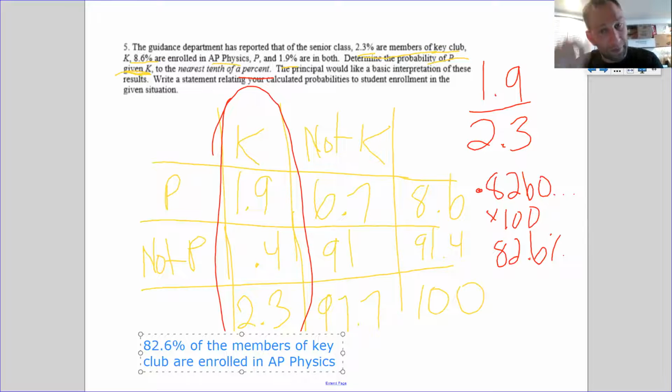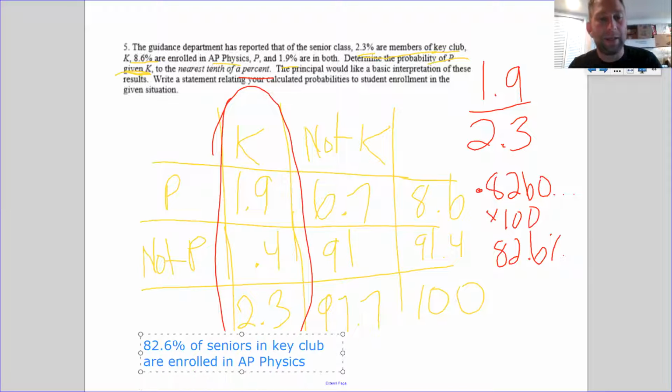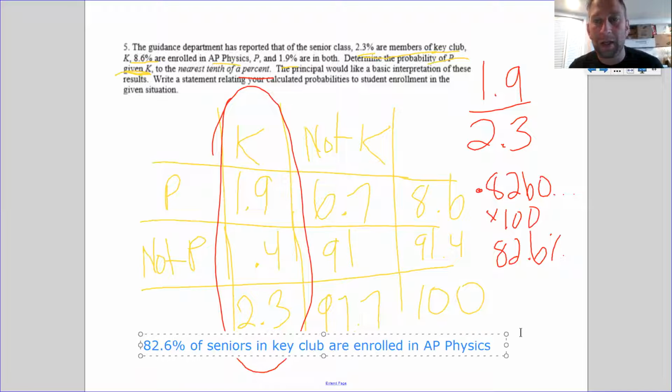And that's it. I'm sorry, 82.6% of seniors in Key Club are enrolled in AP Physics, just because this particular question, this whole situation is based on seniors.